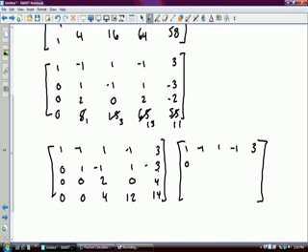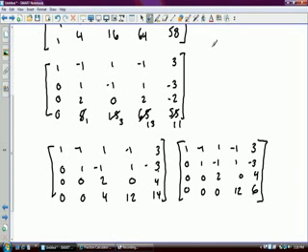Got a 0, 1, negative 1, 1, negative 3. A 0, a 0, a 2, a 0, and a 4. And then last we have a 0, a 0, a 0, multiplied by negative 2. That says 12, negative 8, and 14 is 6. Just to put everything up here.